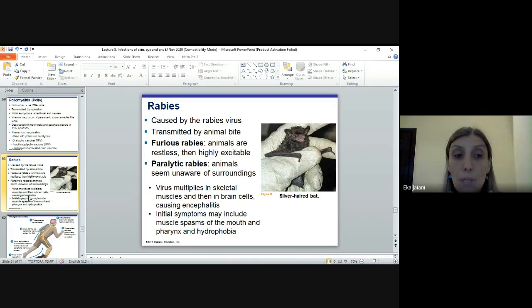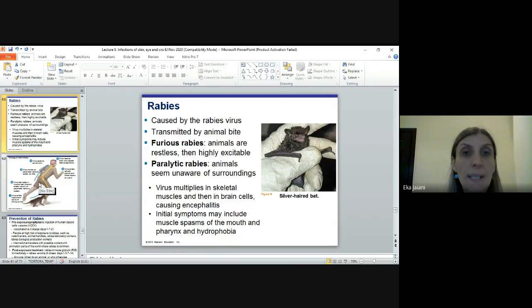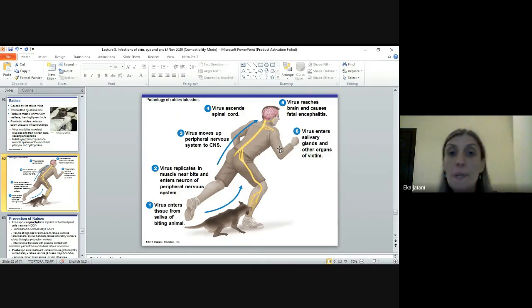The main target of the rabies virus is the CNS, and it leads to development of deadly encephalitis. In animals and also in humans, rabies is found in salivary glands, can be found in the eye as well, in the cornea, and rarely in blood, and can be found in other organs as well.